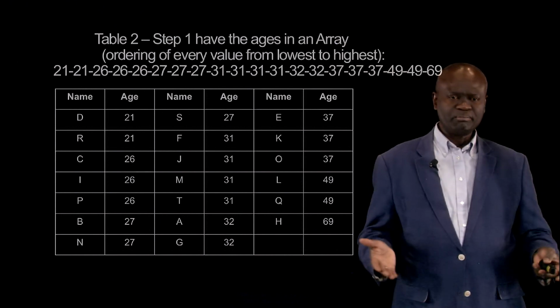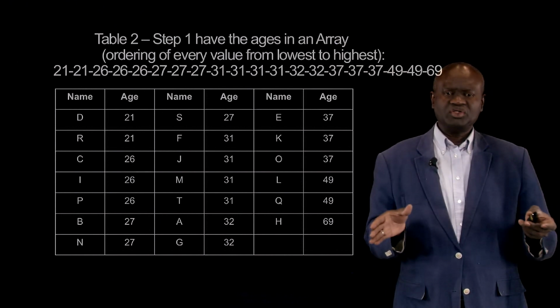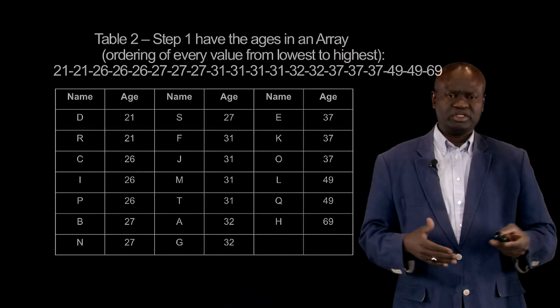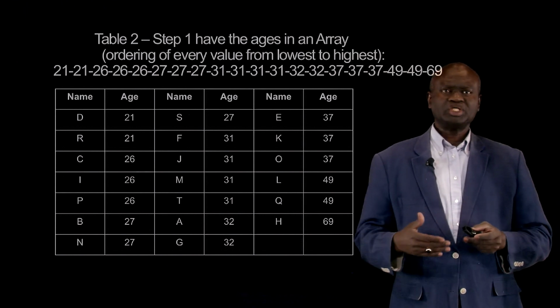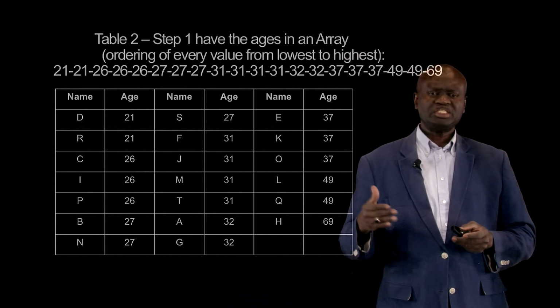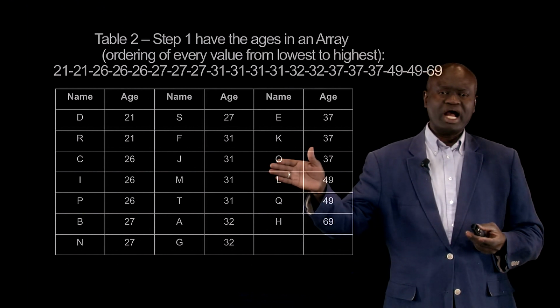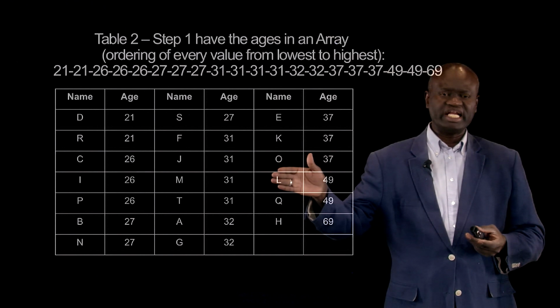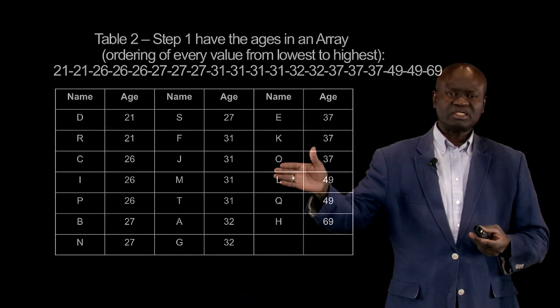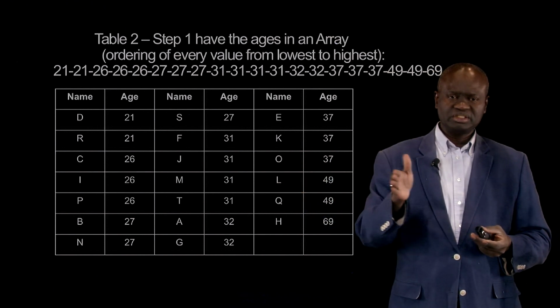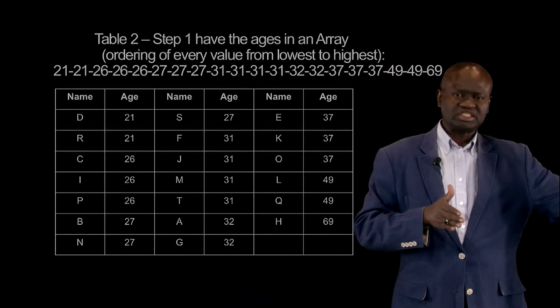Because they were scrambled, you have first of all to put them in order. And usually what I suggest mostly is to have what is called an array that starts with the lowest numbers to the highest number.